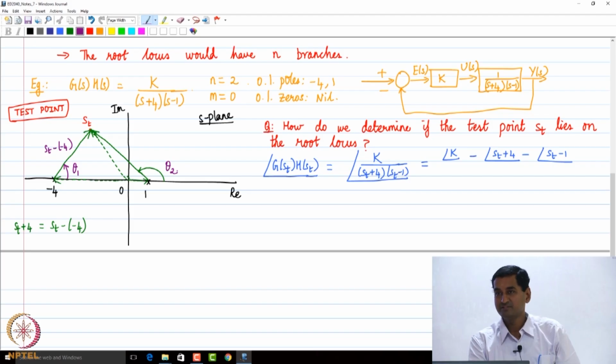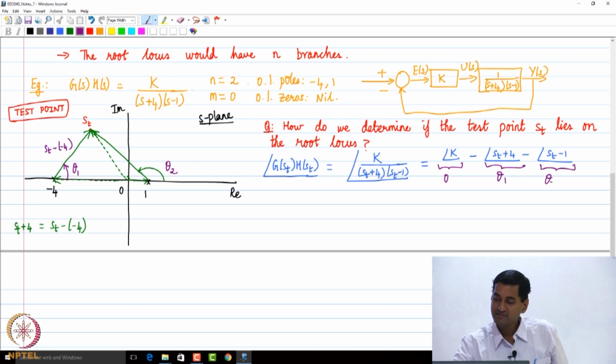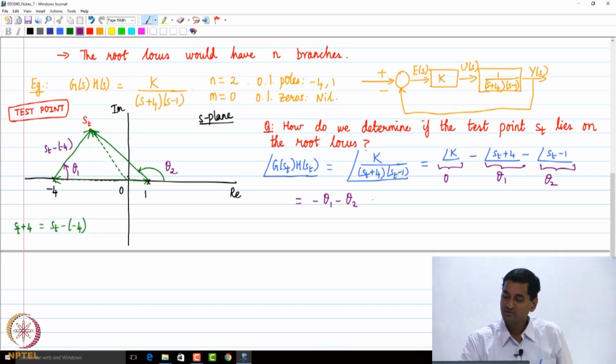So, of course, the angle contribution from K is 0, this is theta 1, this is theta 2. So, this is going to become minus theta 1 minus theta 2. The question that we are going to ask ourselves is, is this going to be an odd multiple of 180 degrees?